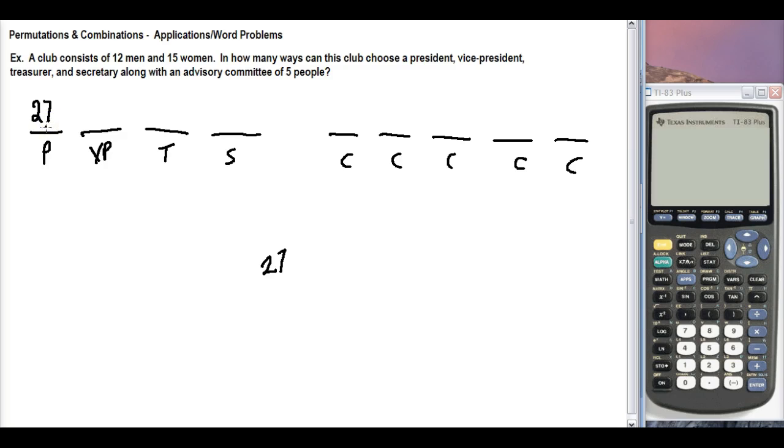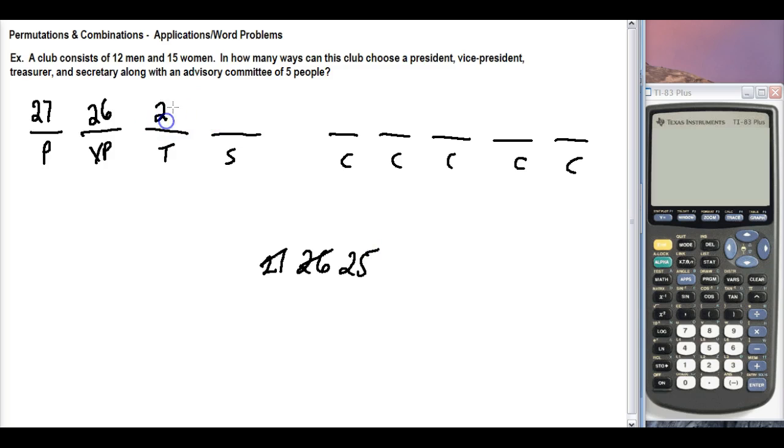Okay. So after we select the president, that's going to go down to 26 choices left. And so then from there, we will select our vice president out of the remaining 26. And then that goes away after we select our vice president, and now we have 25 people left.